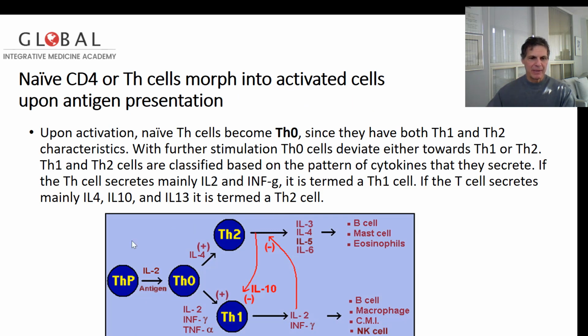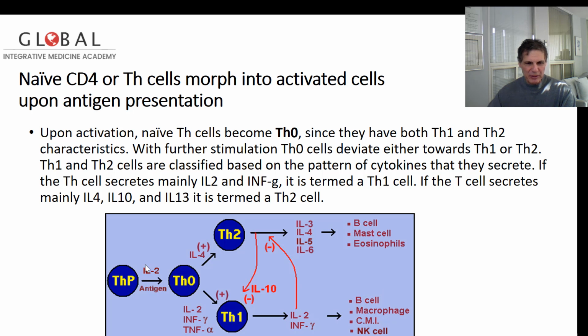We'll keep going. So here you see that, again, this would be the CD4 cell. Upon exposure to the antigen, usually increasing the amount of Th1 phenotype that it starts to express, where it's secreting a lot of interferon and interleukin-2 by these immune cells, promoting a lot of inflammation.